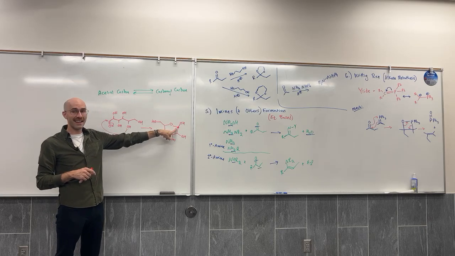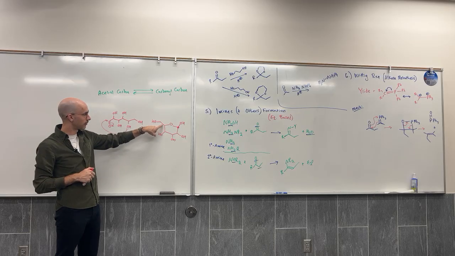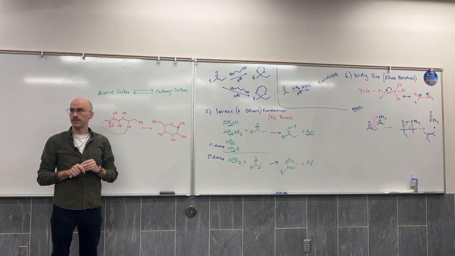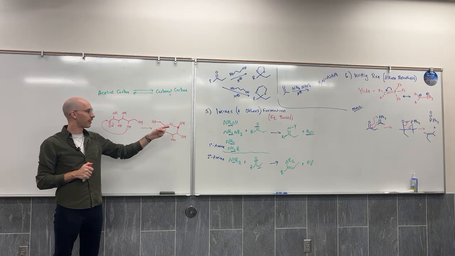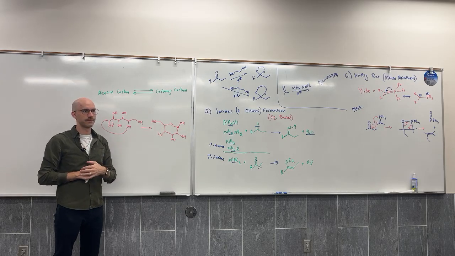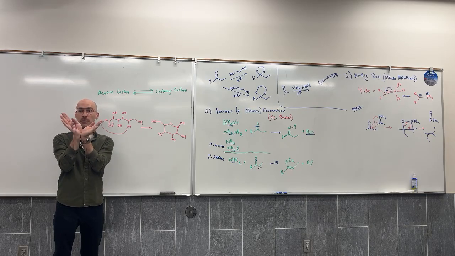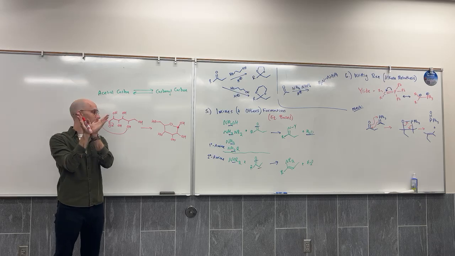So how do I know that is the hemiacetal carbon? How do I know it's not this one or any of these others? That's the only carbon bonded to both an alcohol and an ether. That's the definition of hemiacetal, a geminal etherol.